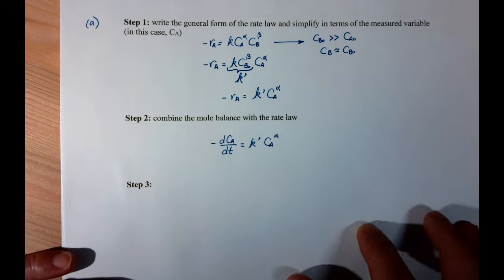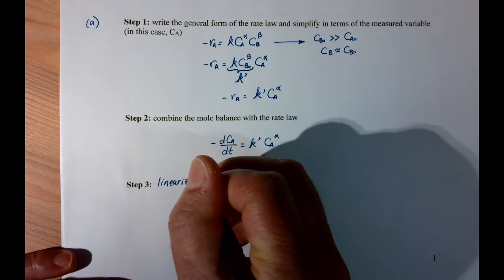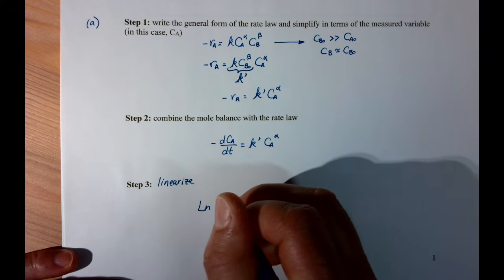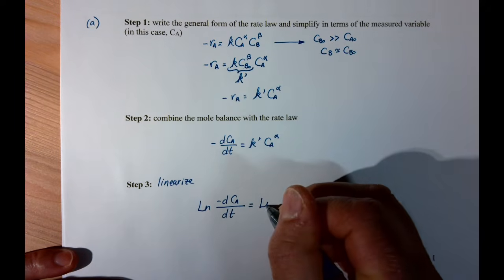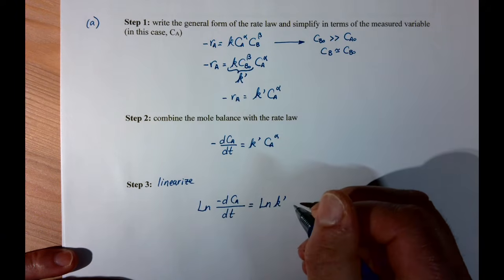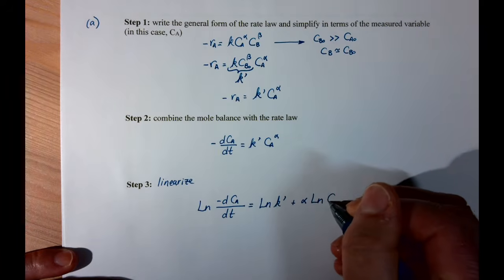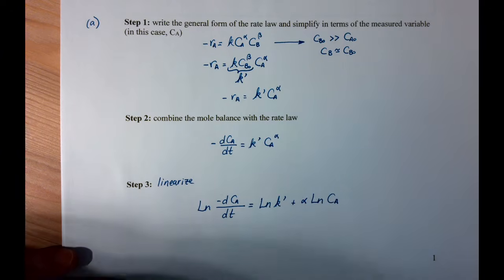My next step is to linearize. Natural log of negative dCA dt is equal to natural log of K prime plus alpha times natural log of Ca. All right, fine.